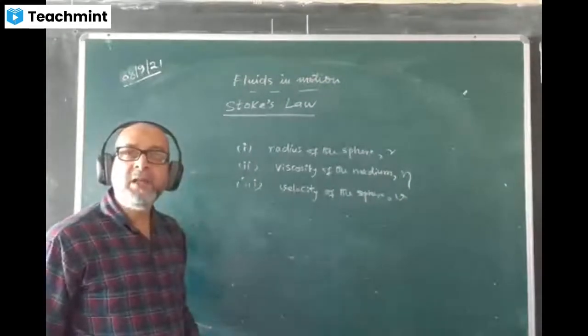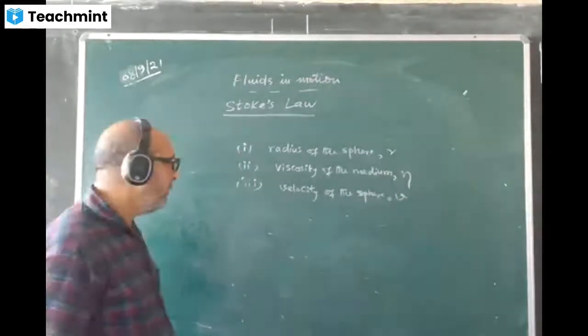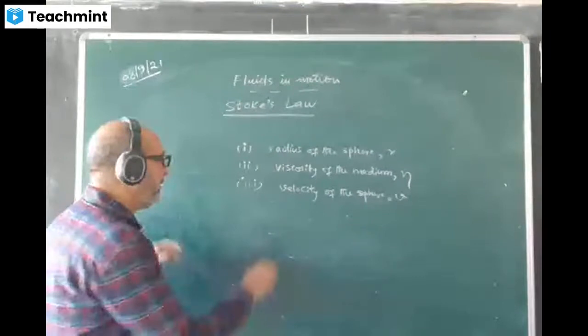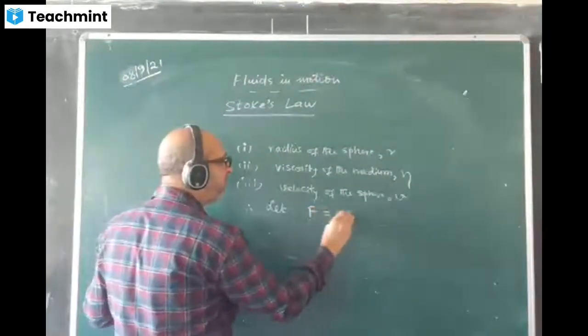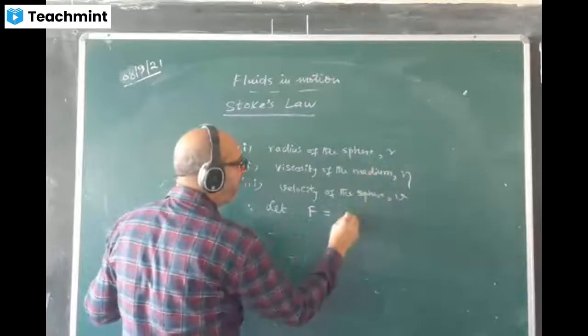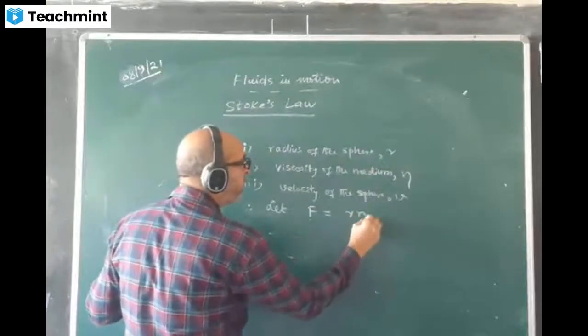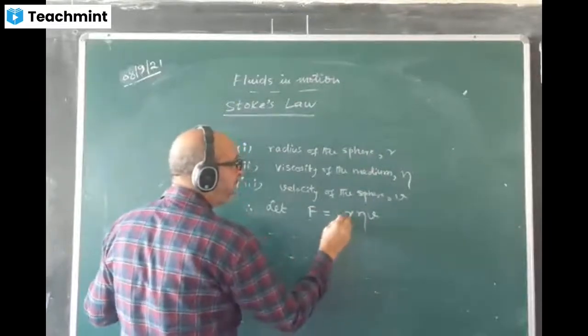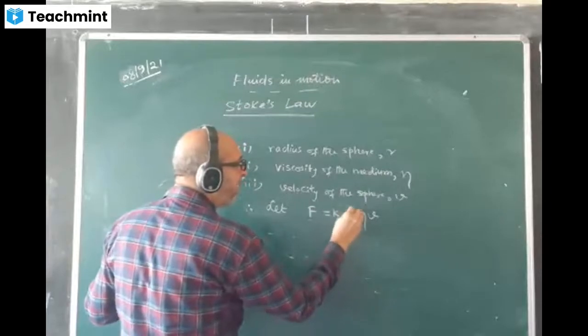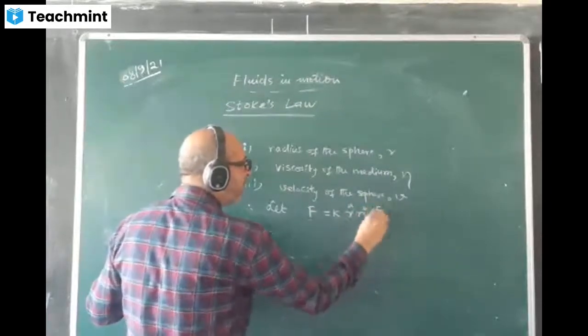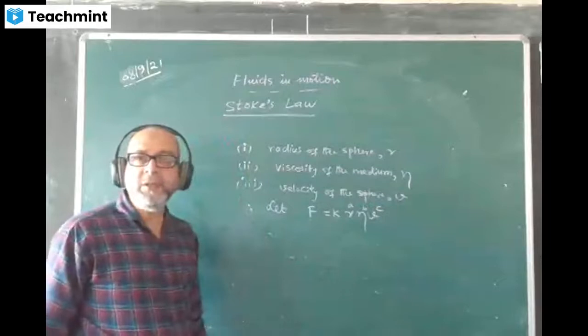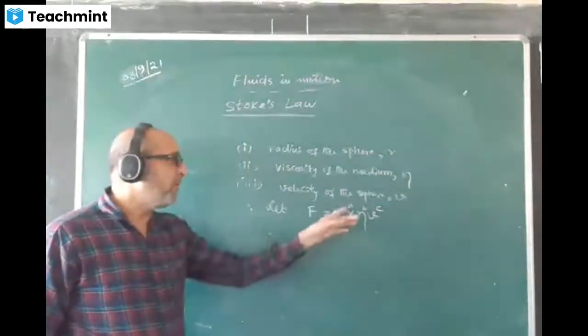A spherical body. Therefore, let us assume F is equal to K r to the power a, eta to the power b, v to the power c. We'll apply the method of dimensions to find the values of the powers a, b, c.